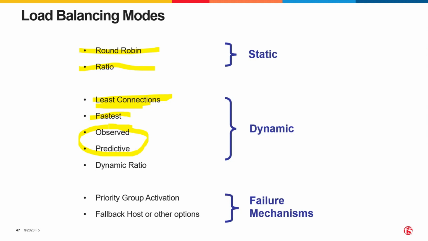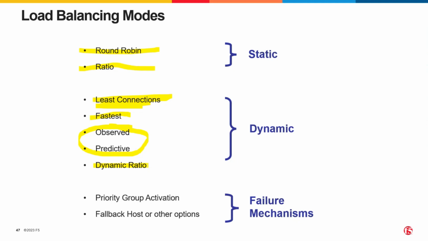Okay. Dynamic ratio, that's something that can be configured as well, as a dynamic load balancing algorithm. This one is a little bit different than the others because this load balancing algorithm requires you to assign something called a health check or monitor and to verify what's the load of the CPU and memory on the server.